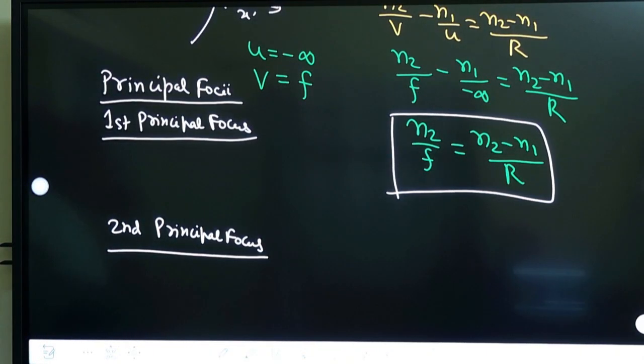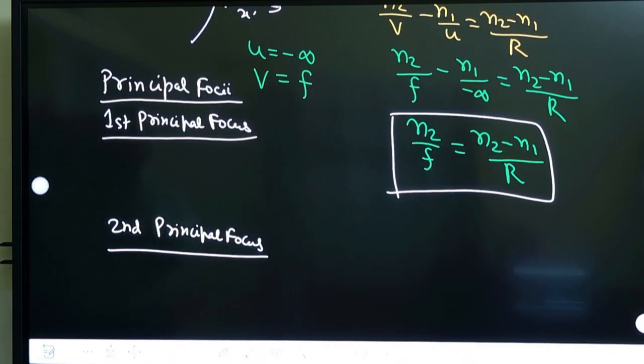Look at the definition. If the object is kept at infinity, then where the image forms, that focal length is the second principal focus f2.